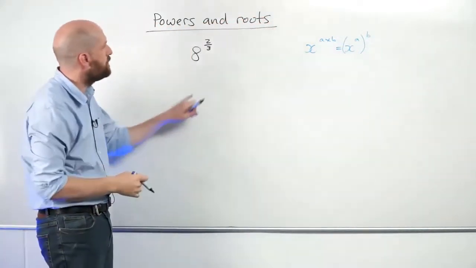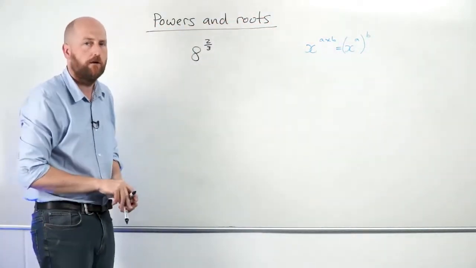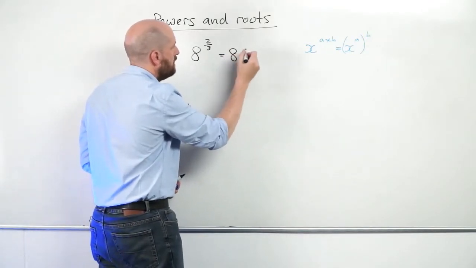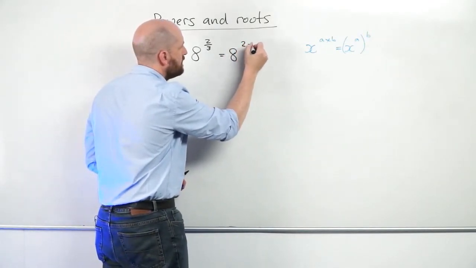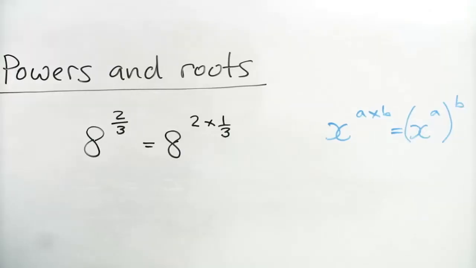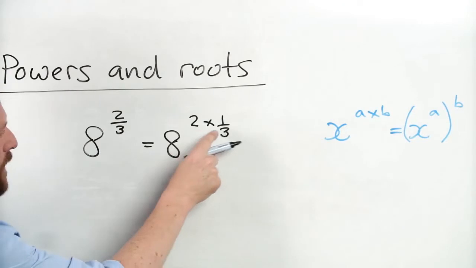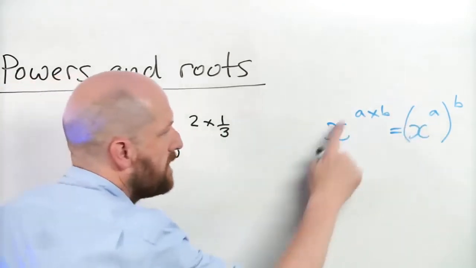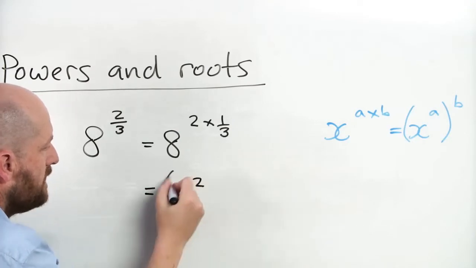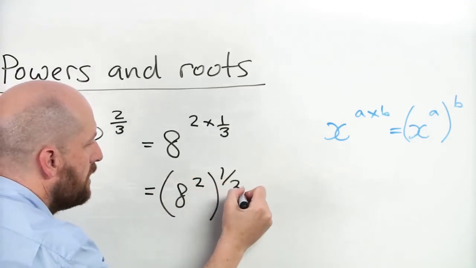Now, how's that going to be useful? It doesn't look like I've got something like of that form. But in fact, this is 8 to the power 2 times a third. Okay, so 8 to the power 2 times a third, that looks similar to this here. I can rewrite that as 8 squared all to the power a third.